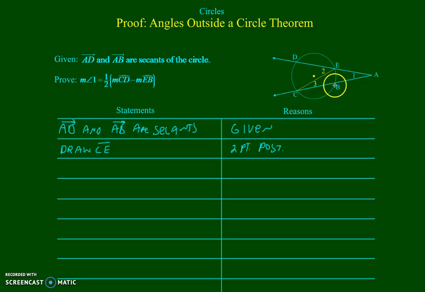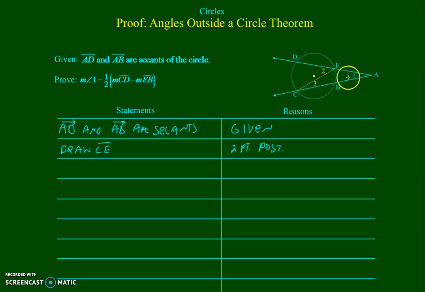Now my plan, hopefully you got it right, doesn't necessarily have to be the right one or the wrong one. There are many ways to do this proof, but my plan is going to be to use the fact that angle 2 is equal to angle 3 plus angle 1, and the fact that angle 2 is equal to 1/2 CD, and angle 3 is equal to 1/2 EB.